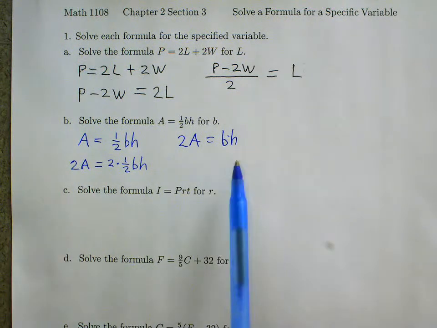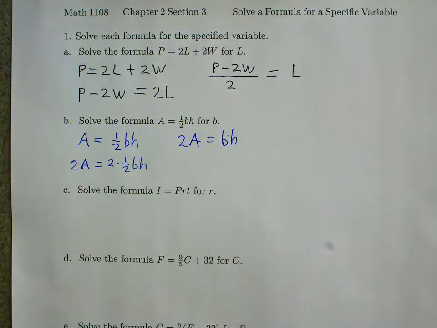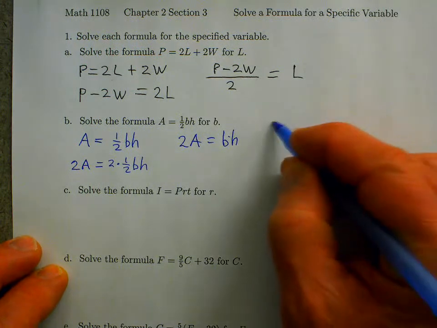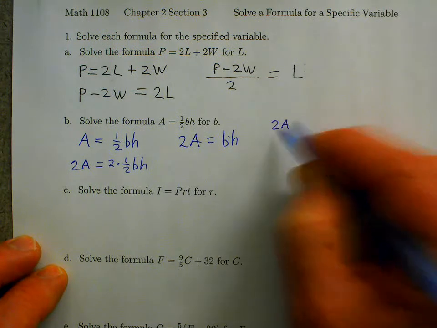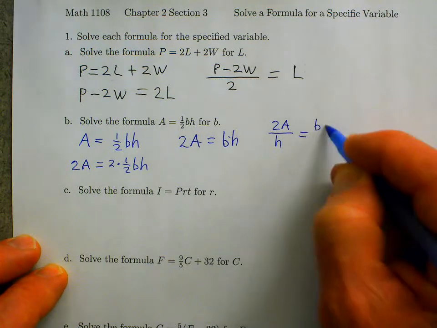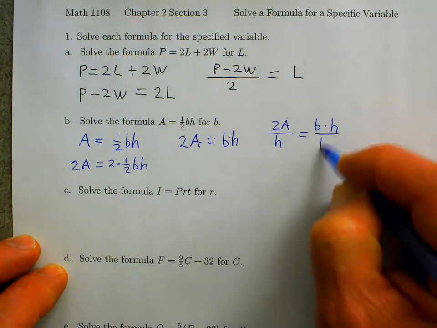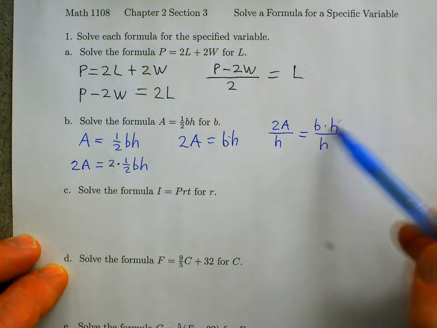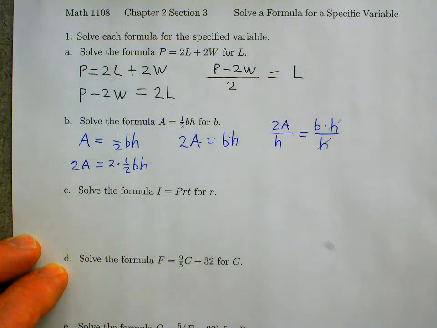Okay, H just represents a number. So to solve for B, we just divide both sides by H. So divide both sides by H: 2A divided by H equals B times H divided by H. But H divided by H is 1.